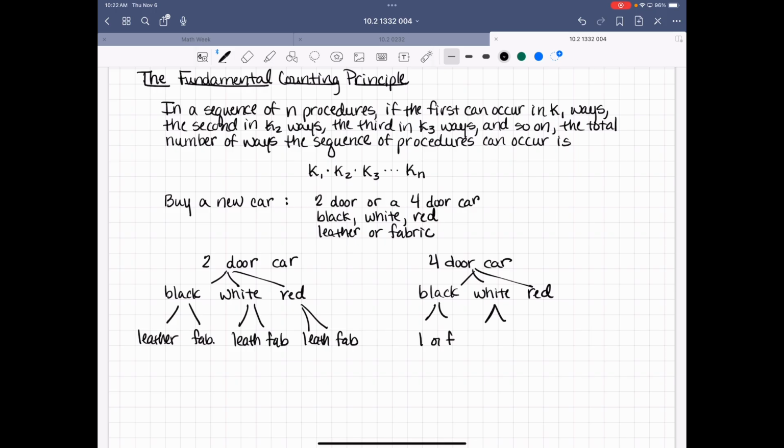I can get that four-door white car in leather or fabric interior. And then I can get that four-door red car with either leather or fabric interior. How many different ways pretty much can I order my car there? How many different possibilities are there?